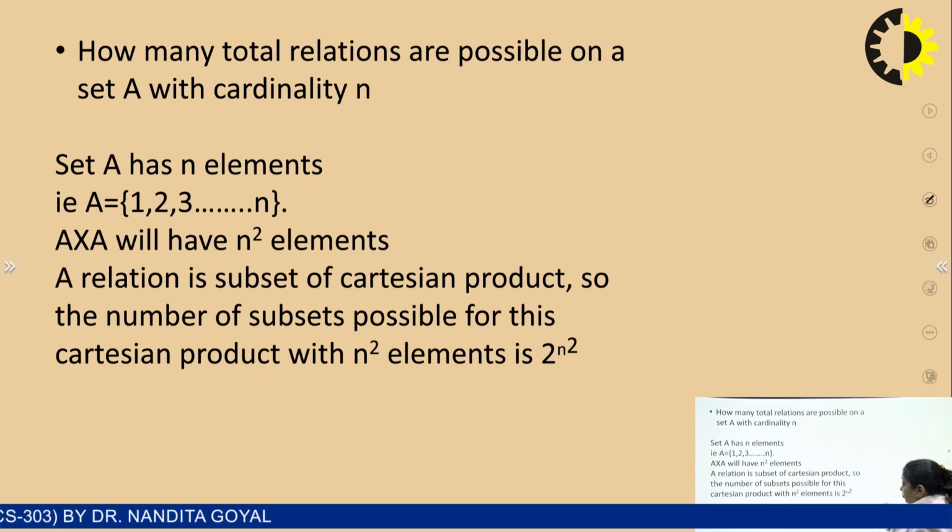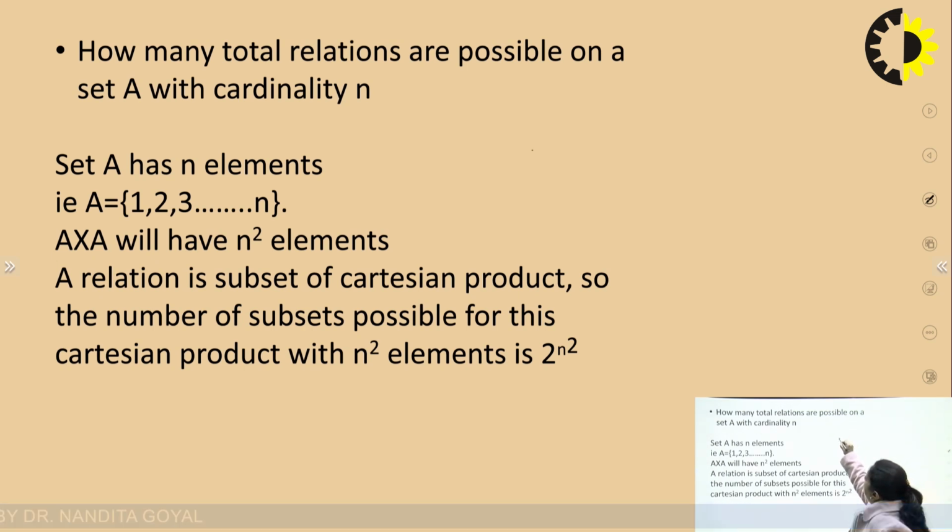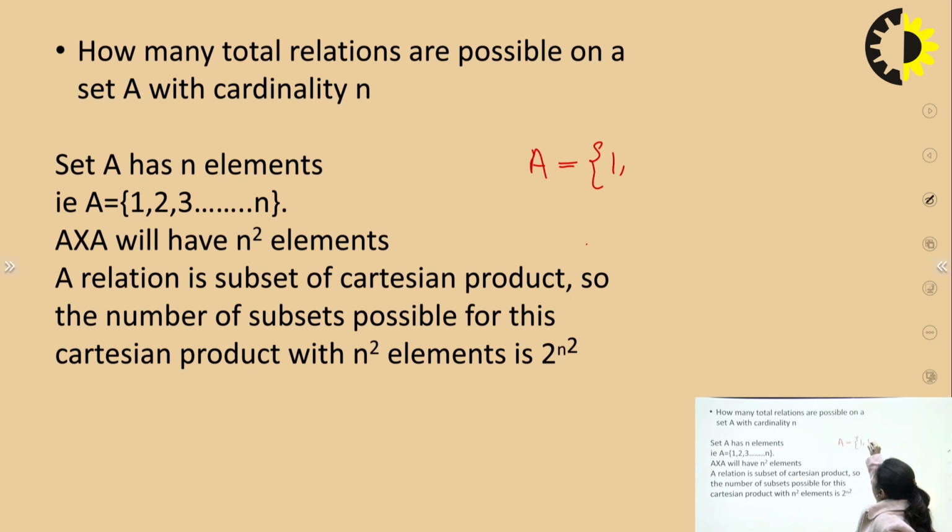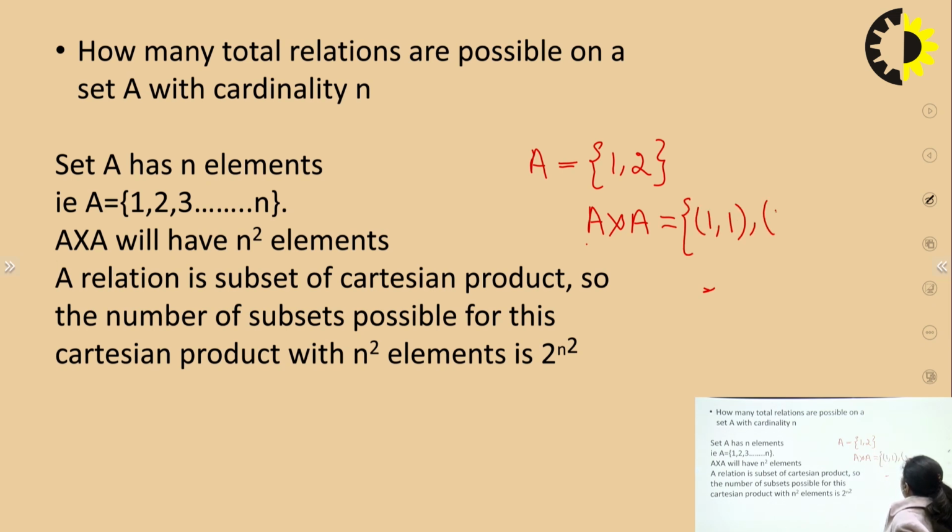So let's take a simple example when my A contains 2 elements. So my A cross A contains how many elements? It will contain (1, 1), (1, 2), then (2, 1) and (2, 2).